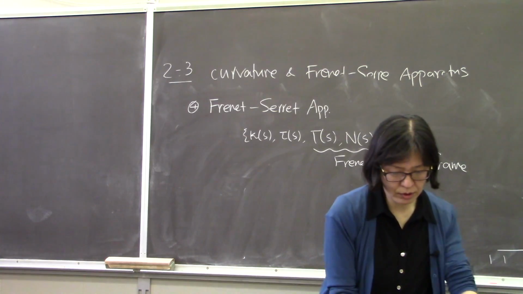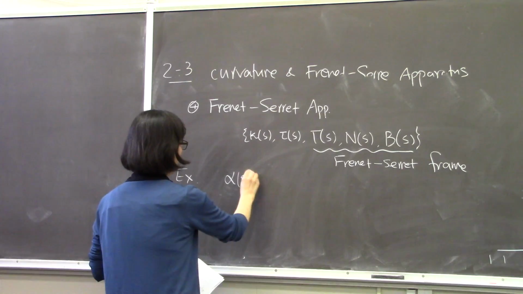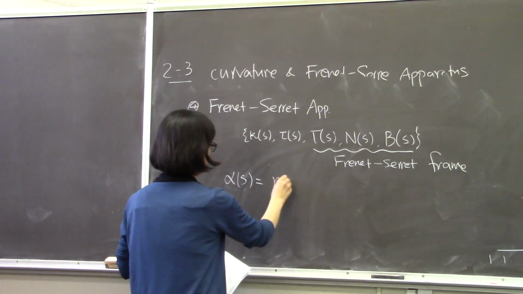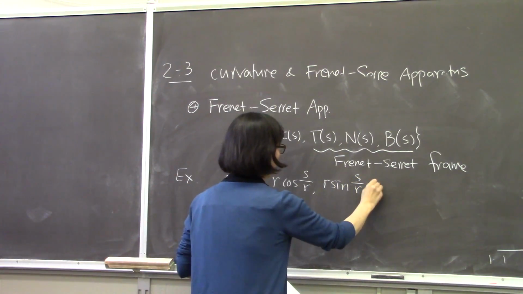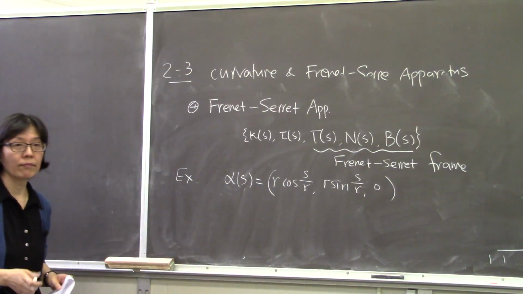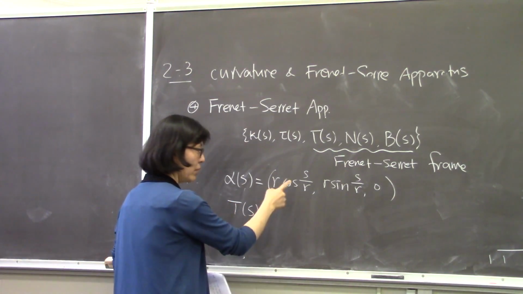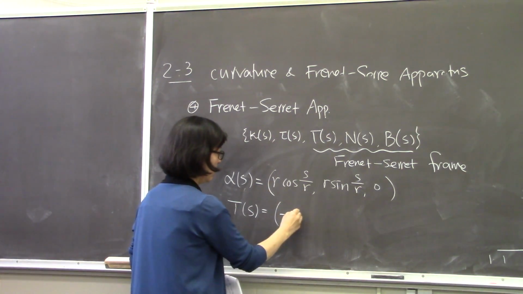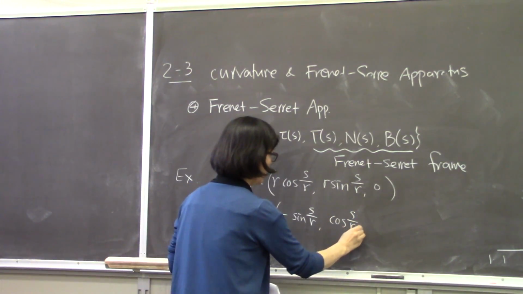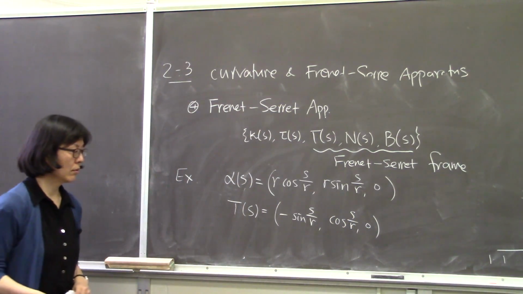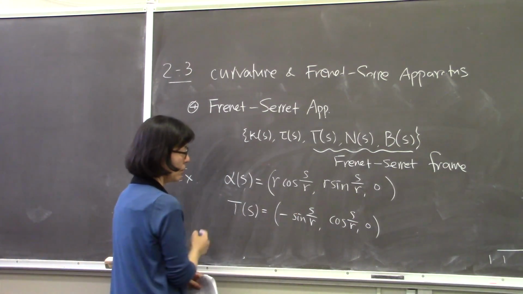So here is the example. We have T, alpha prime of s, which is cosine s over r, sine s over r, 0. That is alpha prime of s, because it is unit speed.